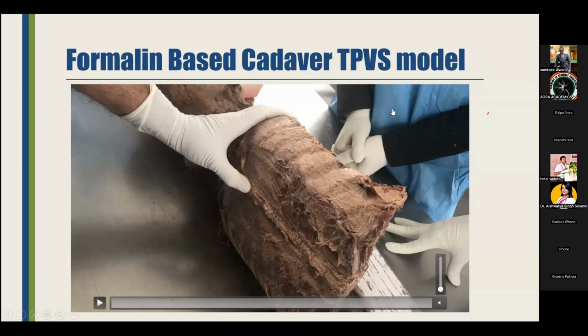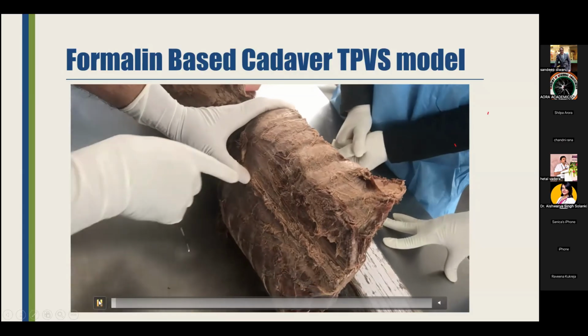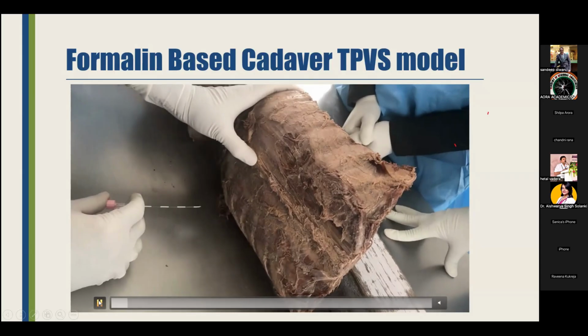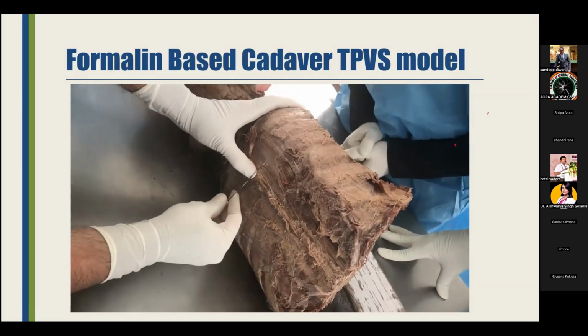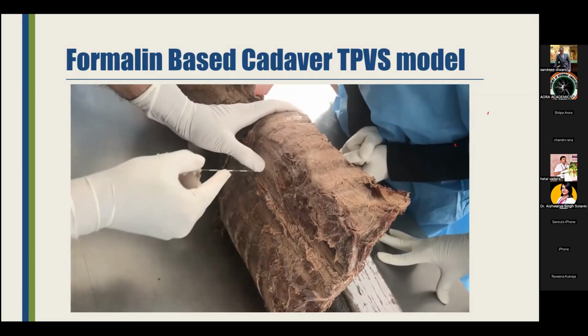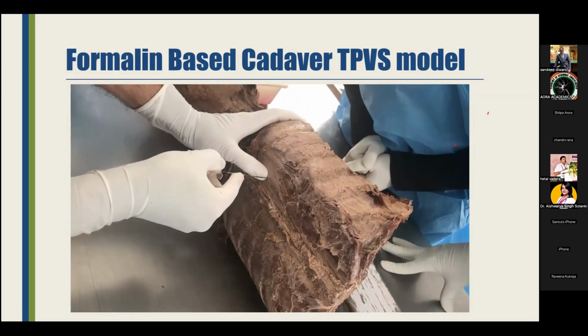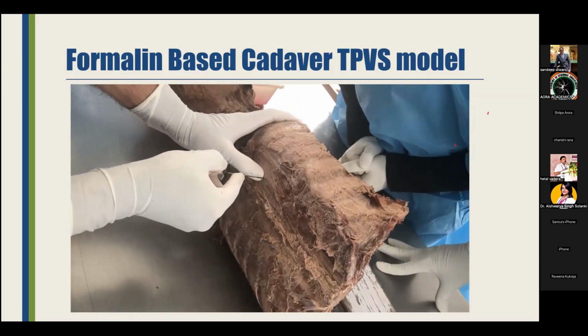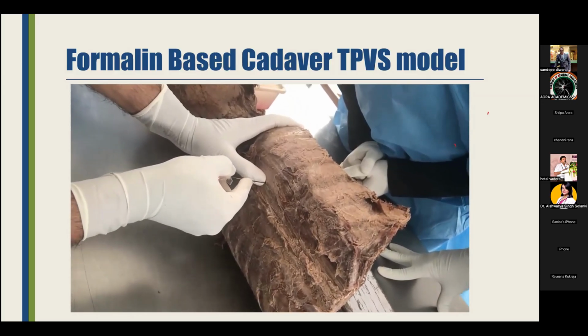So we used to ask the delegate in front whether I'm in the right path, and then the delegate used to take over the procedure, and then the delegate's friend used to look at whether they are in the right path. We used to have the 22G needle, because this is the one which is more useful in the formalin based model.